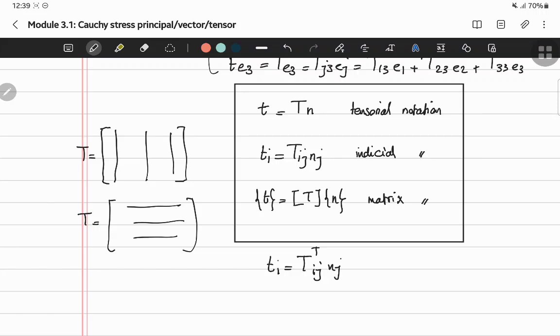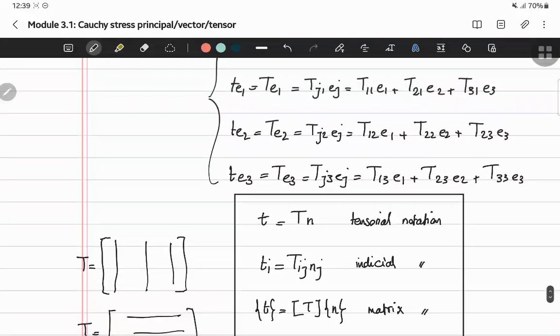So it depends on how you transform your unit basis from one coordinate to another. That's why some of the books basically write this as ti is equal to Tji nj. So it depends how they follow these transformation laws in here.